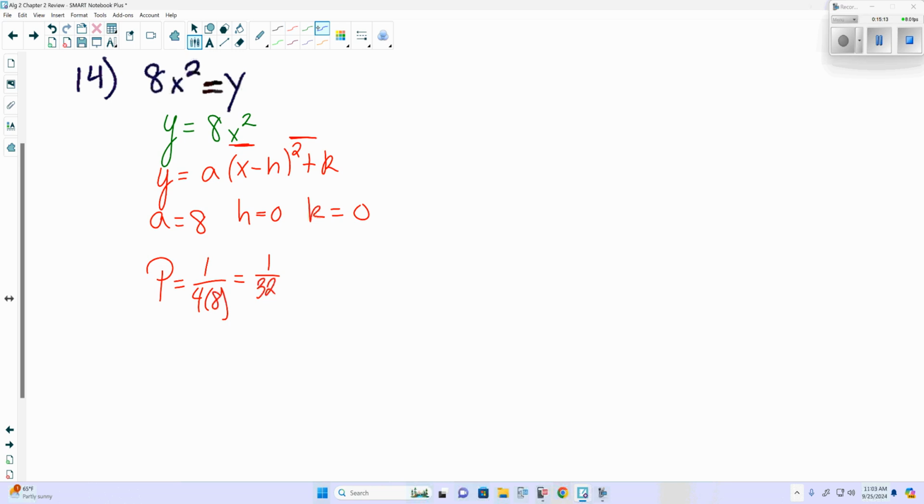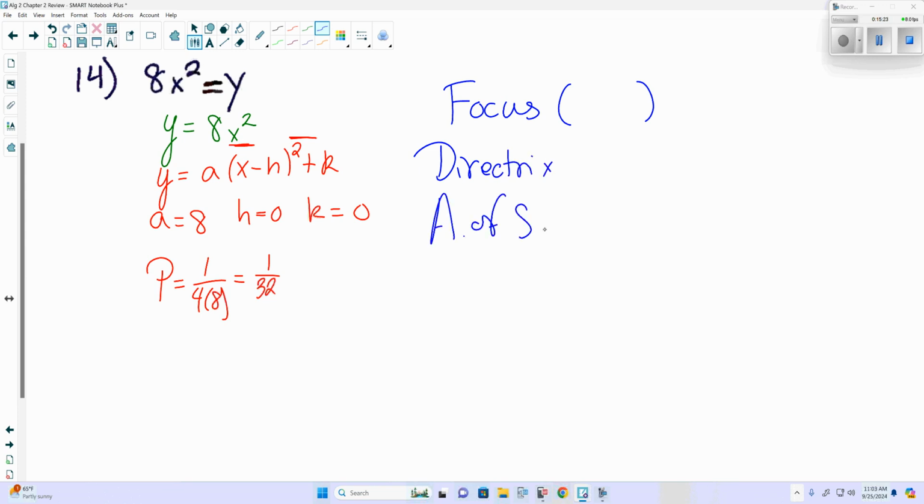Again, looking at the back, so we're going for focus, directrix, axis of symmetry. In the general form for y equals, focus is h comma k plus p, directrix, y equals k minus p. Axis of symmetry, x is equal to h.